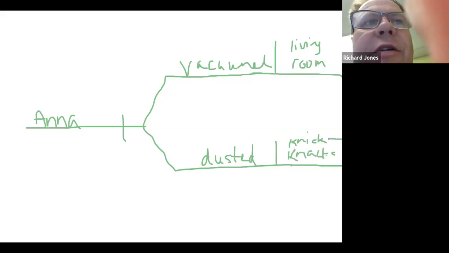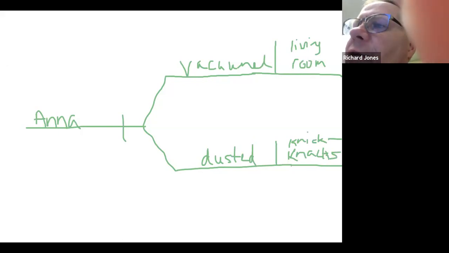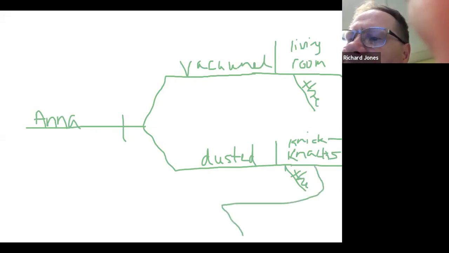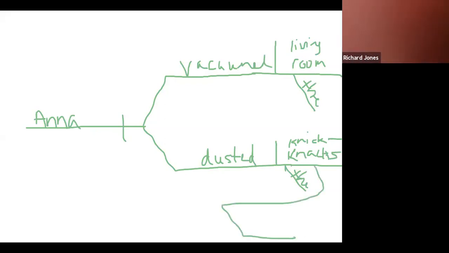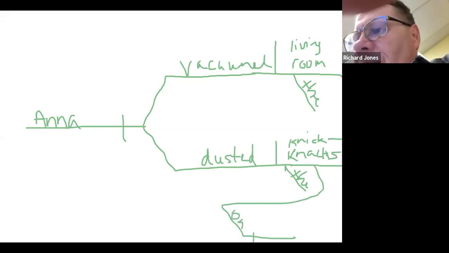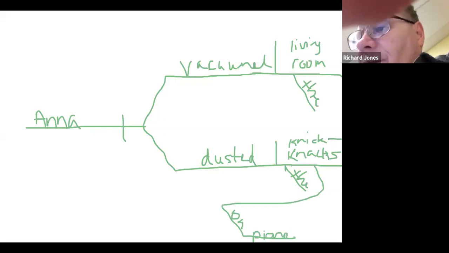It's the living room, so the comes off of there. The knickknacks. Then on knickknacks, I'm just going to stretch it over here, even though it's not supposed to be this way. It's going to be on piano, and then the.